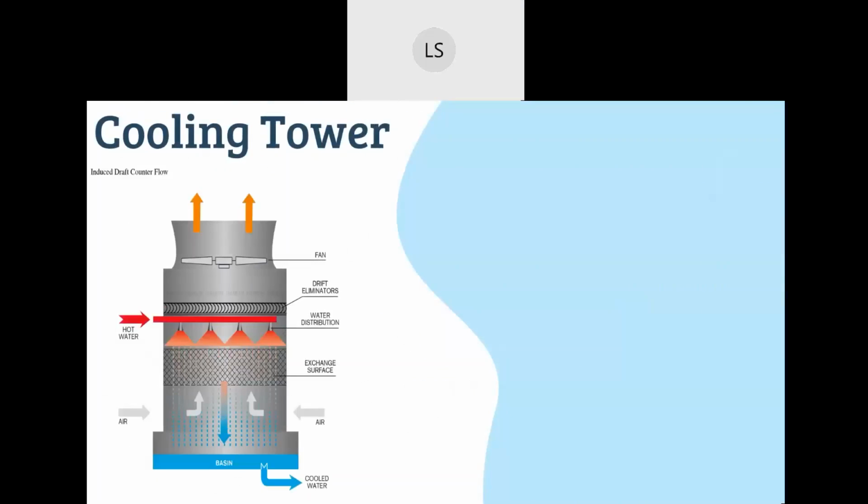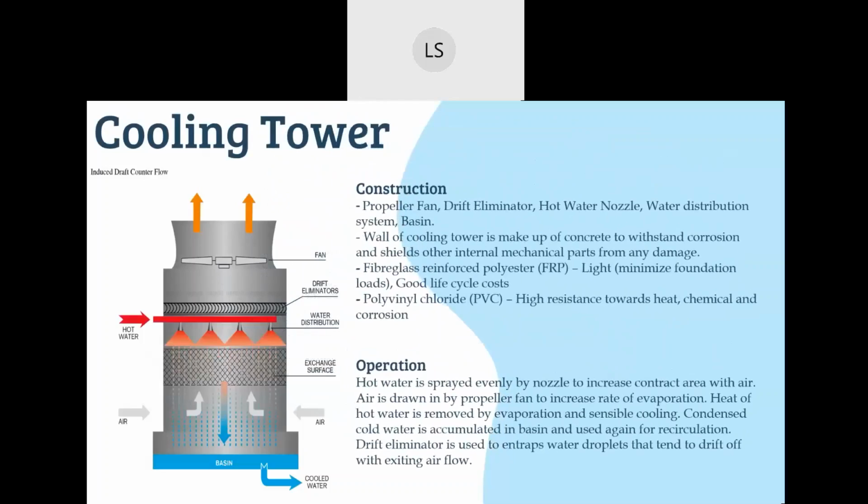So next, the cooling tower consists of a propeller fan, drift eliminator, hot water nozzle, water distribution system, and basin. Each part of the construction has a different purpose. For example, the wall of the cooling tower is made of concrete to withstand corrosion and shield other internal mechanical parts from any damage.